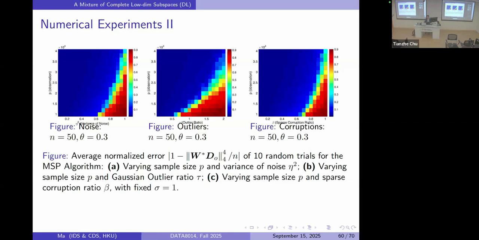If you think about it, you can see in general the number of samples needed grows almost quadratically against the fraction of noise. Of course, the higher the noise, you need more samples. And this is the fraction of outliers.